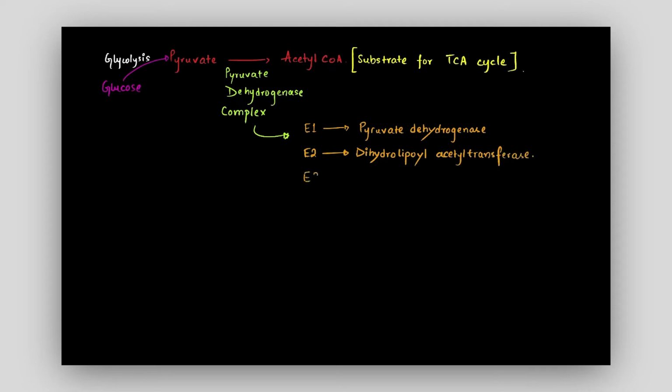And we have the E3, which is called the dihydrolipoyl dehydrogenase. Now, all these three different subunits work in tandem in order to convert pyruvate to acetyl CoA and release a molecule of carbon dioxide in the process.